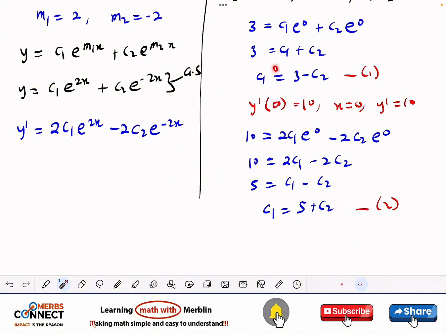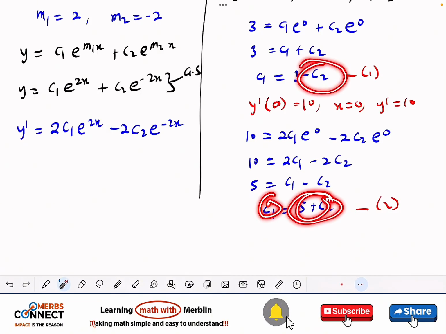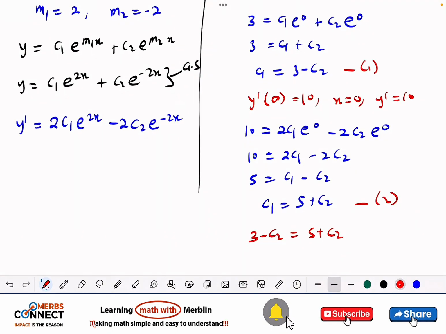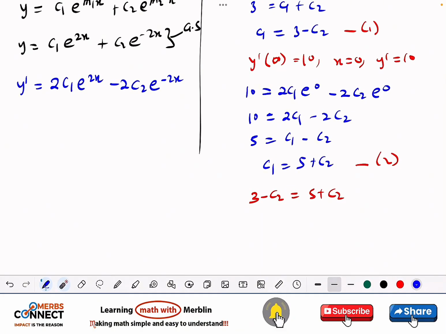So equation 1 is c1 is equal to this. Equation 2 is c1 is equal to this. It means that this is the same as that. So I'm going to have 3 minus c2 equal to 5 plus c2. And then let's move them. Move 5 to the left and c2 to the right. We are going to have 3 minus 5 is equal to c2 plus c2.